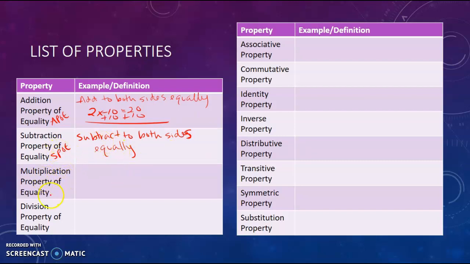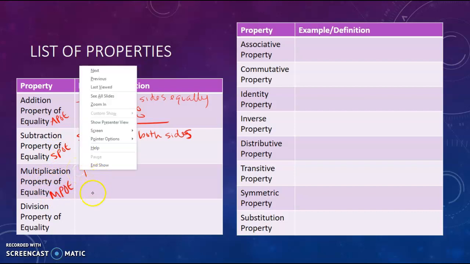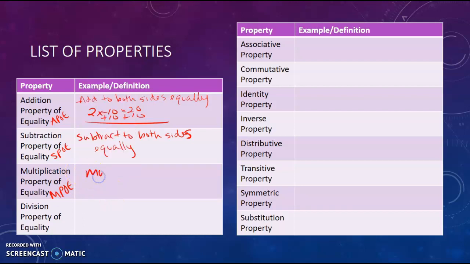And then our next one's multiplication property of equality, so MPOE. You guessed it. Multiply to both sides equally. And then division property of equality, DPOE, depot.